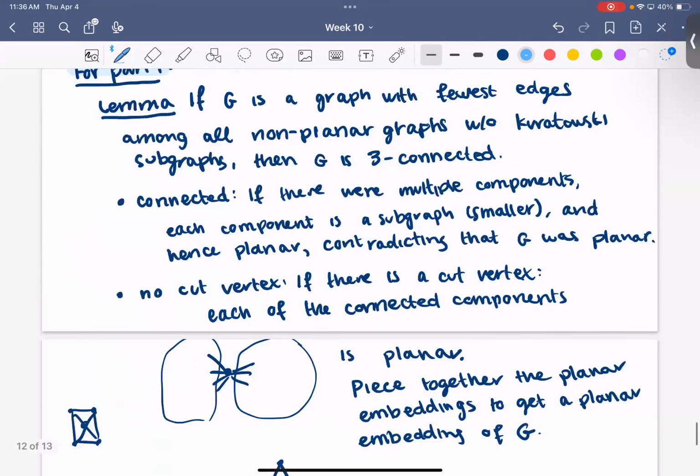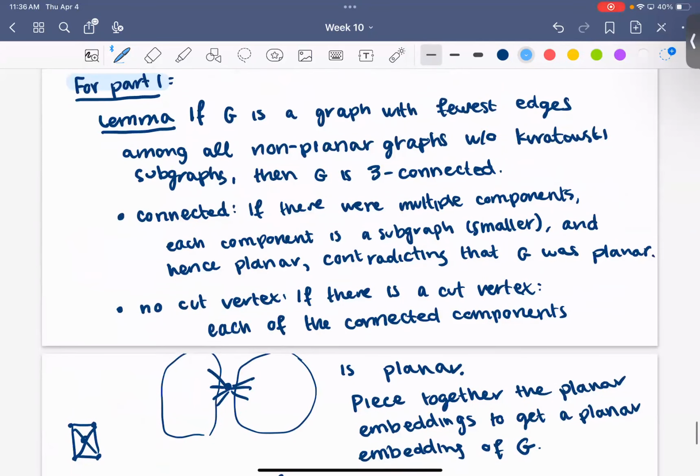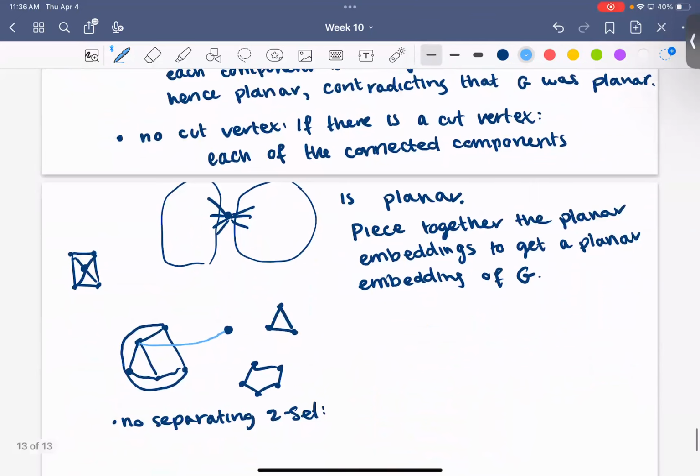I feel like the point here is somehow we have to use the fact that there's no Kuratowski subgraph. Because this is probably creating a K4 or something. Hold on, I'm just going to look really quick. The same minimality argument sort of works here.